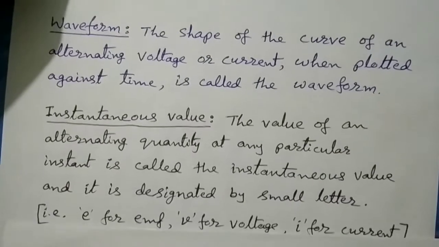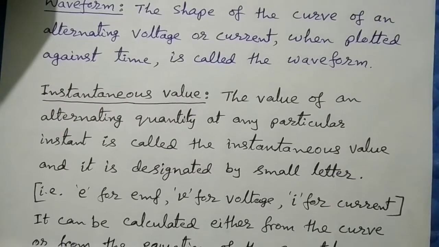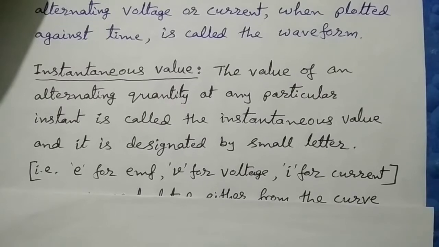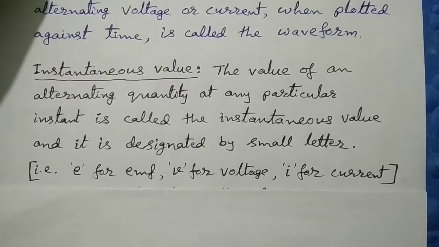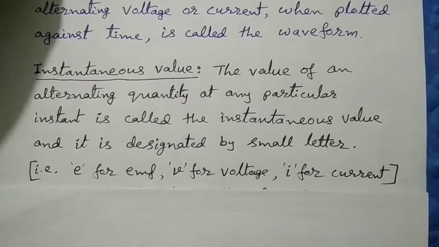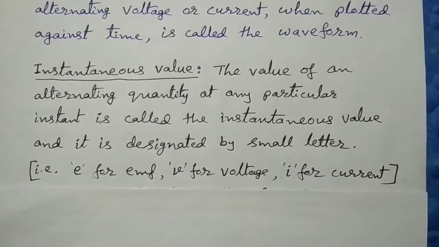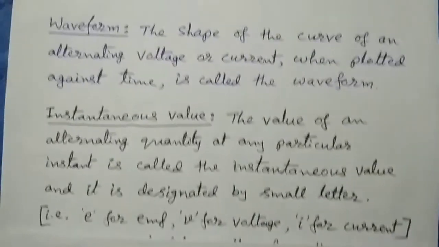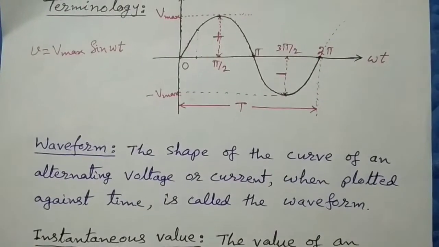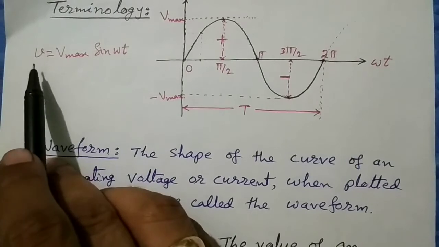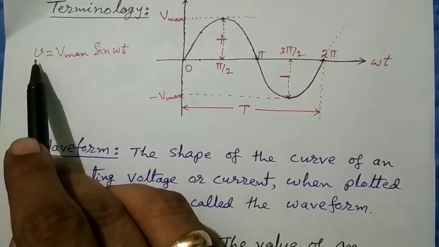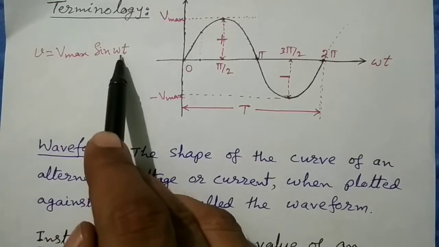The next term is the instantaneous value. The instantaneous value of an alternating quantity at any particular instant is called the instantaneous value. Means, for this alternating voltage, here the small v depends upon time.